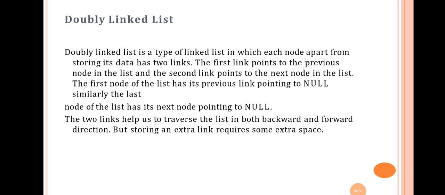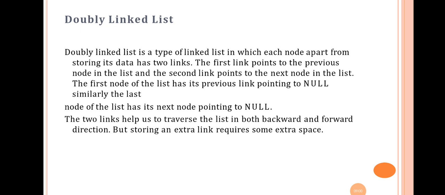A doubly linked list is a type of linked list in which each node, apart from storing its data, has two links. The first link points to the previous node in the list, and the second link points to the next node in the list. So it is not like a singly linked list or a circular linked list. Each node is divided into three fields.